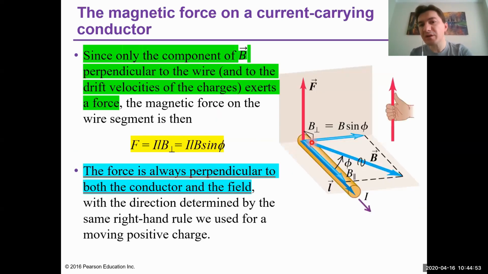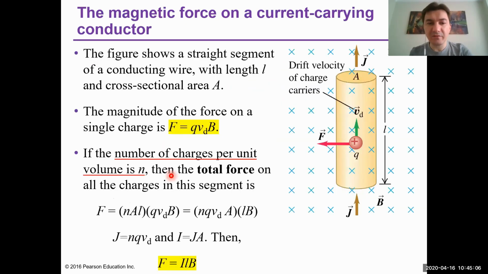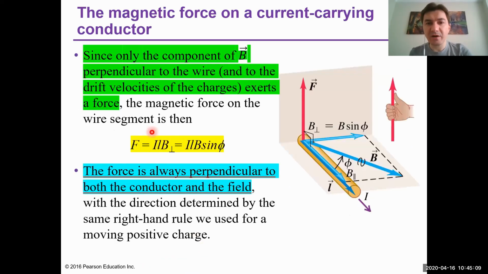So only the perpendicular component of the magnetic field contributes. Then the force can be written with the current within the wire, the length of the wire, and the perpendicular component of the magnetic field, which is given by B times sine phi. So the force acting on that conducting wire is given by that expression.